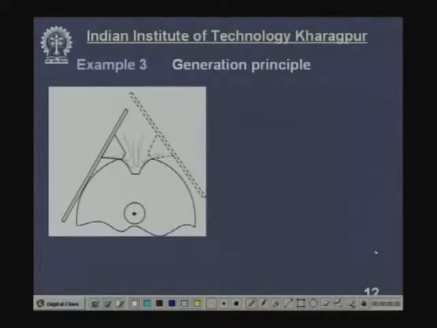Next, you see the generation process. In the generation process, we get complicated surfaces by a simpler form of the tool. That is the unique characteristic of generation. For example, we want to produce the teeth of a gear, and these are the tooth gaps. Here is a cutter fitted on a plank.